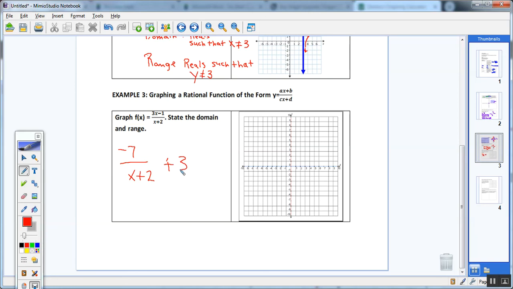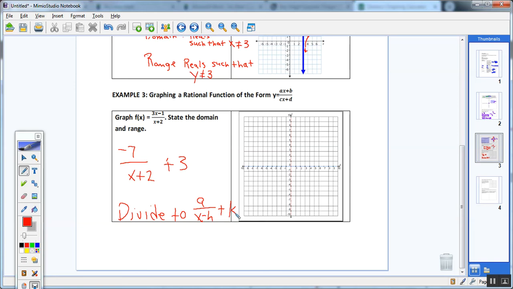Let me do something here quickly with decimals. When we divide this out, what I'm going to write down here is this. We need to divide this into the form a over x minus h plus k. All right, so where's your horizontal asymptote going to lie?